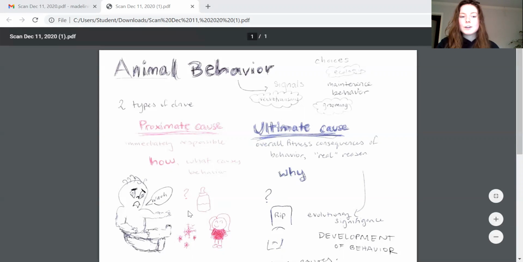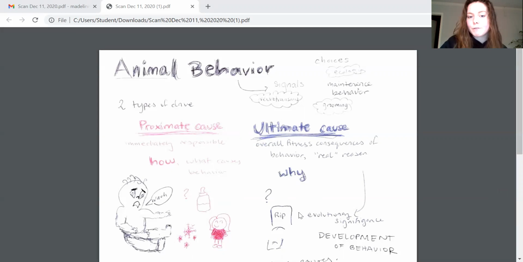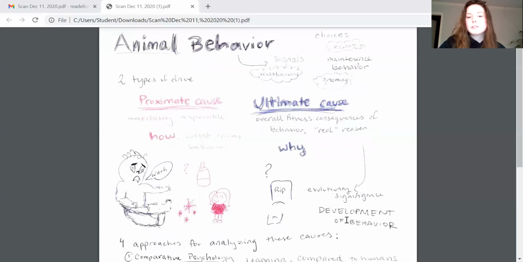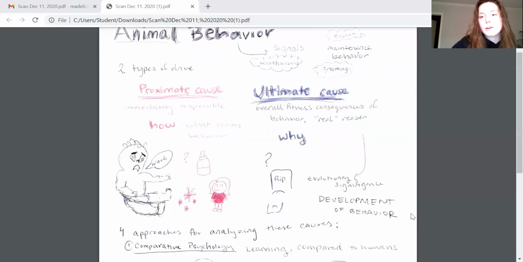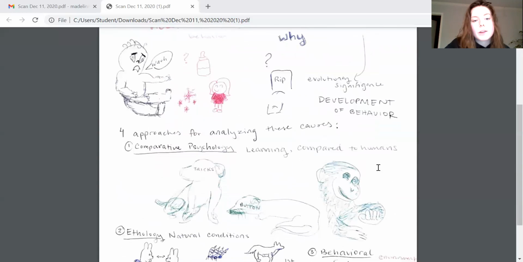The overall cause is that if an individual baby didn't cry when they had a need, they would not survive. And that is evolutionarily significant. This is how we understand the development of animal behavior, but we have to consider both proximate cause and ultimate cause to fully understand how animals behave and what drives them.